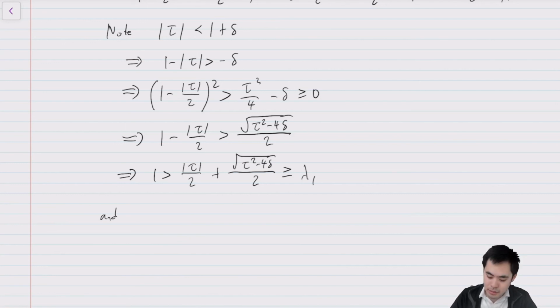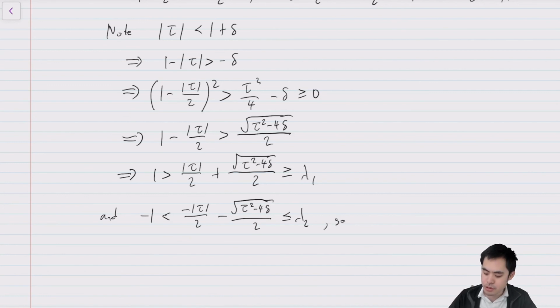And we know that minus 1 is less than minus |tau|/2 minus sqrt(tau squared minus 4 delta)/2, which is less than or equal to lambda 2. So we get that minus 1 is less than lambda 2, is less than or equal to lambda 1, is less than 1, as we want.